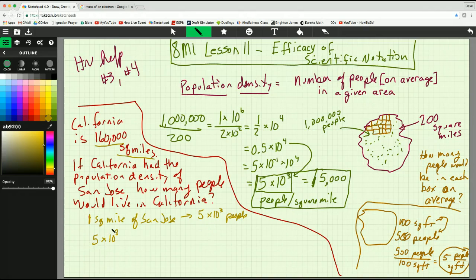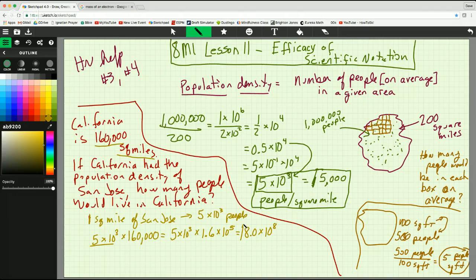If 1 square mile has this many, then 160,000 square miles would have 160,000 times this number. Well, let's convert that into scientific notation. So we have 5 times 10 to the third. That's already in scientific notation. Times 1.6 times 10 to the fifth. And we get, for an answer, well, 5 times 1.6 is 8.0. And 10 to the third times 10 to the fifth is 10 to the eighth.